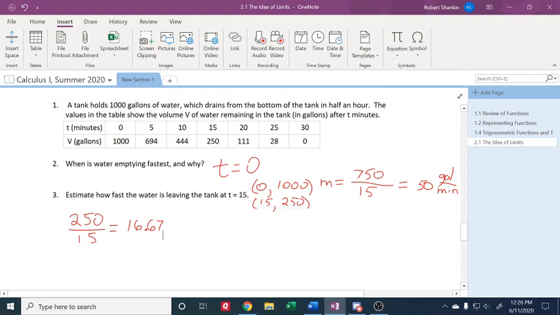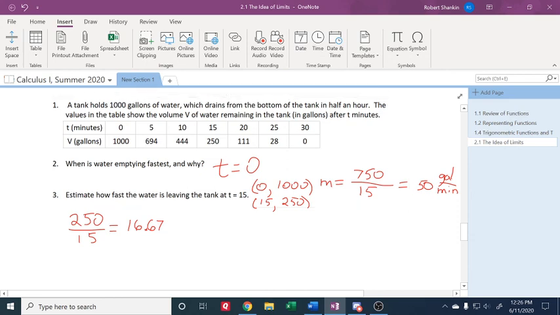So that would have the right units of gallons per minute. But what we're really looking for is how fast it's emptying. What this gives us is something like, at this snapshot in time, there's 250 gallons after 15 minutes.